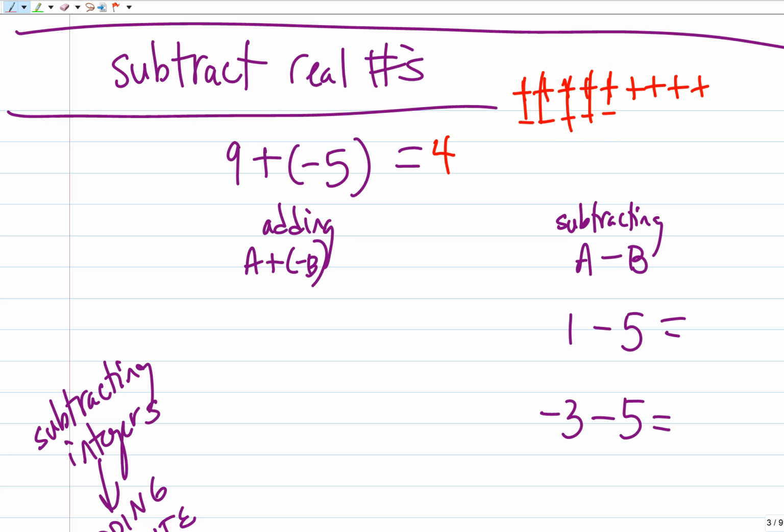What if I argued that that is the same thing as 9 minus 5? Would you agree or disagree? What you just told me is that A plus negative B is the same thing as just doing A minus B. And vice versa. This arrow goes both ways.